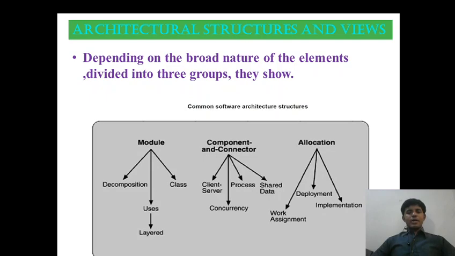Module is divided into decomposition, uses, and class. A component is divided into client server architecture, concurrency architecture, process, and shared data architecture. Allocation is divided into work assignment, deployment, and implementation architecture.